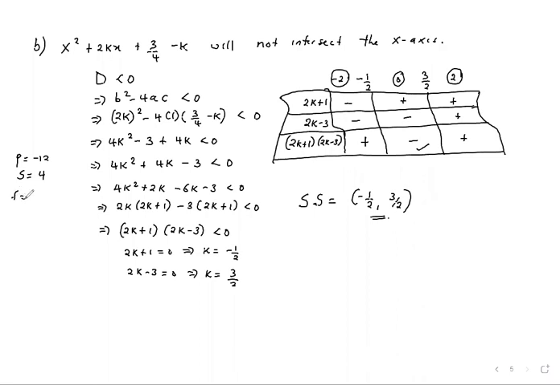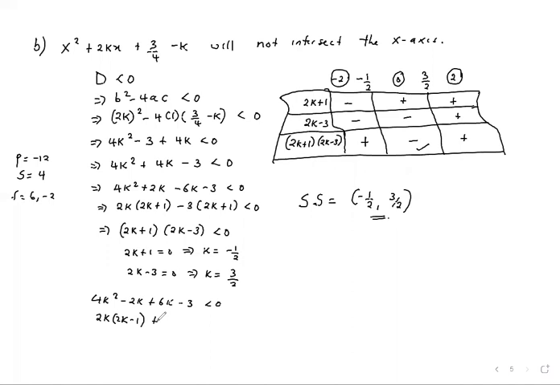The factors will be 6 and negative 2. So this must be 4k squared minus 2k plus 6k minus 3. So when you factor out, we have 2k, k minus 2k minus 1. So it will be the opposite now.